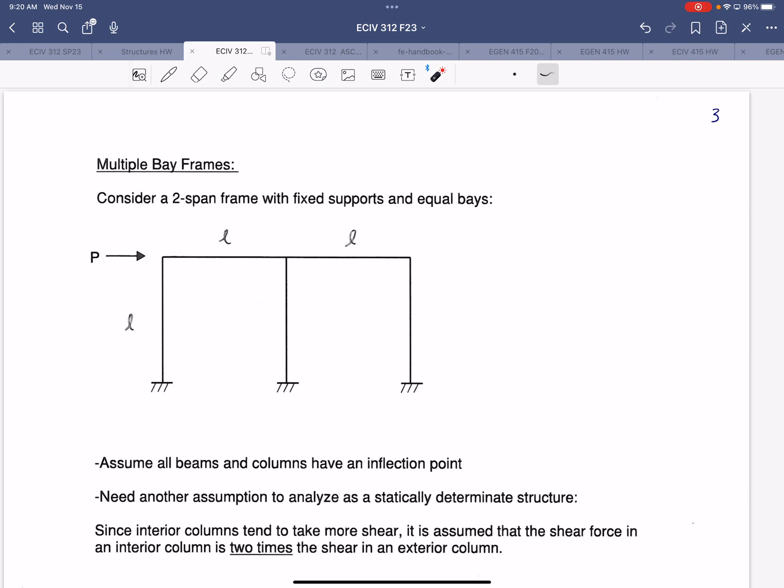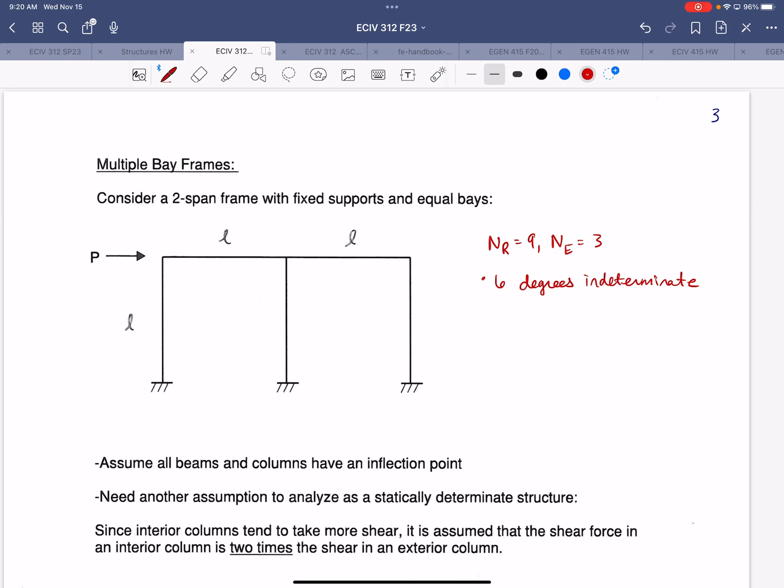Now, how many degrees of indeterminacy do we have? 6, that's correct. Yep, so there's 9 reactions. We have 3 equations. All right?